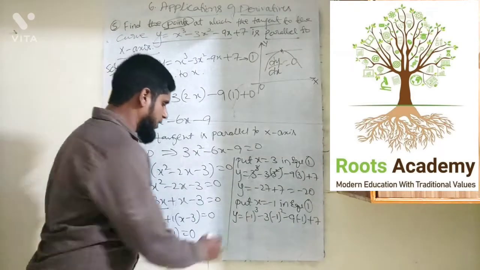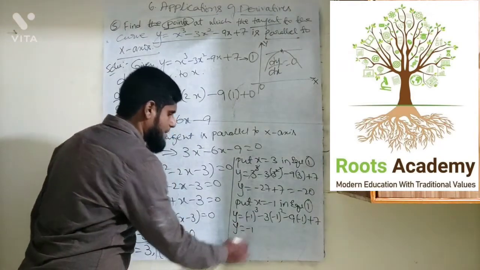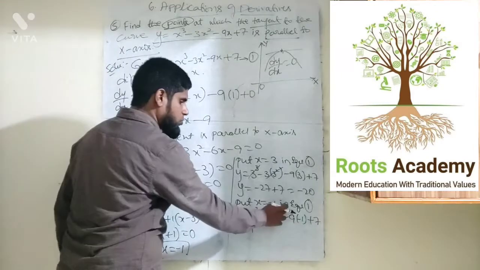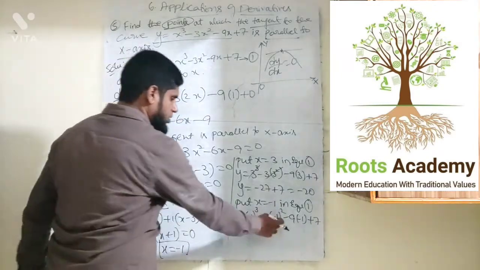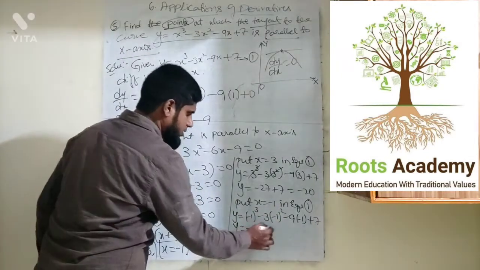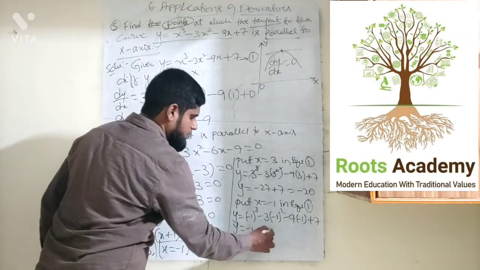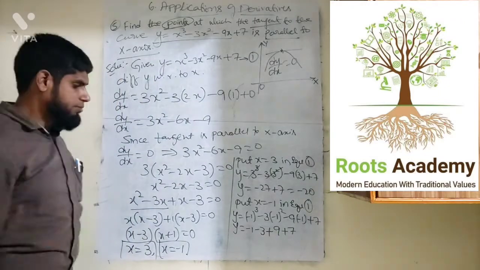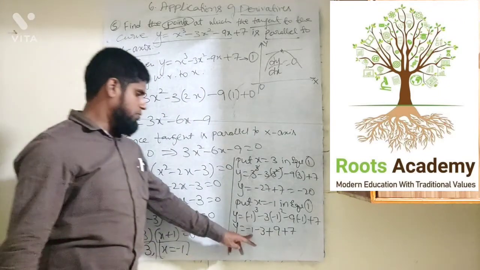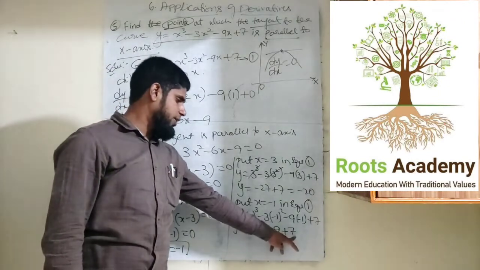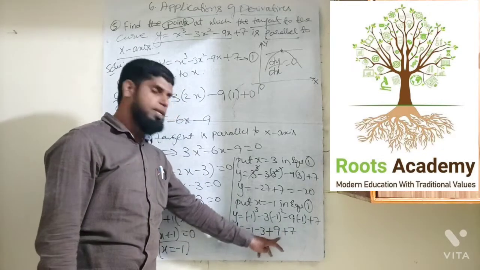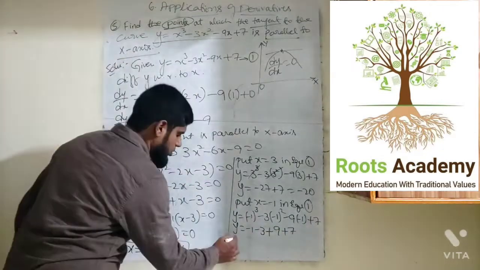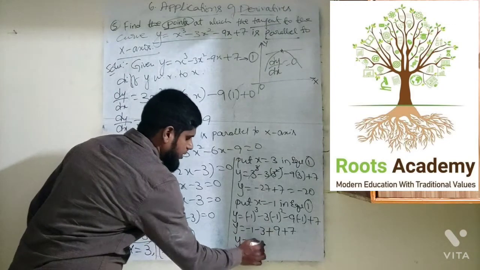Minus 1 whole cube, it is minus 1. Minus 1 whole square is plus 1, into minus 3 is minus 3. Minus into minus, plus 9, plus 7. So minus 4 plus 7 it is 3. 3 plus 9 it is 12. So the value of y is plus 12.